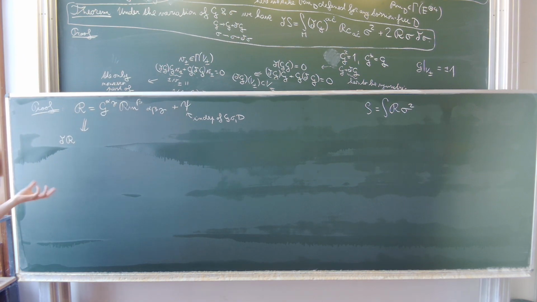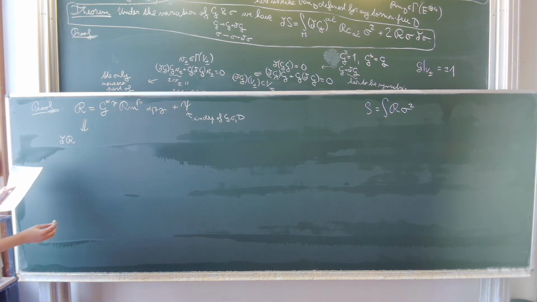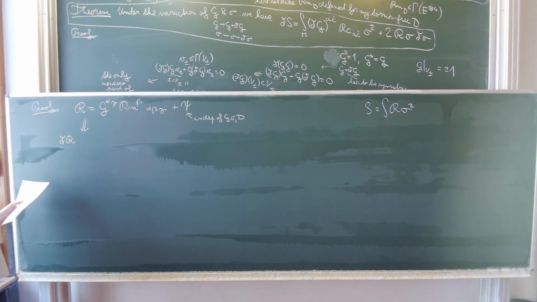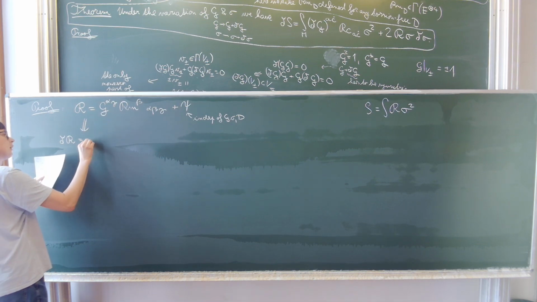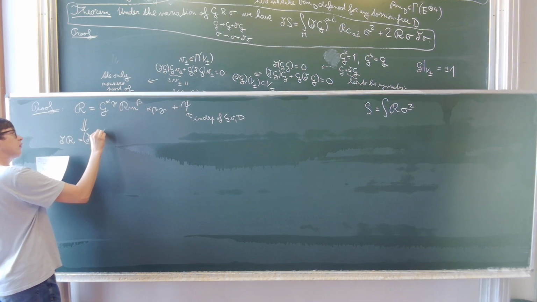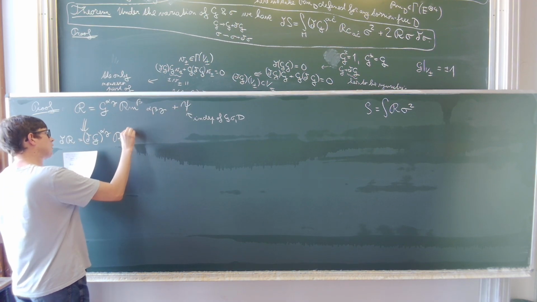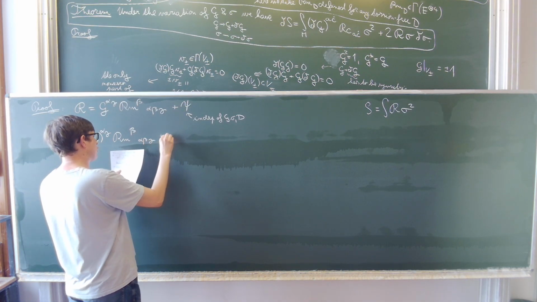Unfortunately, there is no unique Levi-Civita connection, so we cannot follow this. Okay, let me first write the variation of this. I vary this, so I first vary this thing, and then we have a variation of the Riemann tensor.